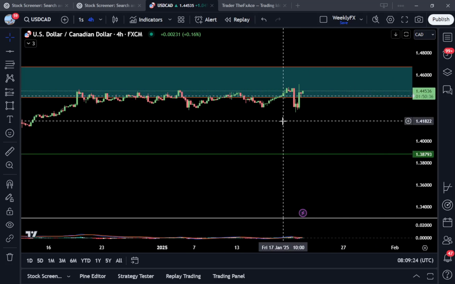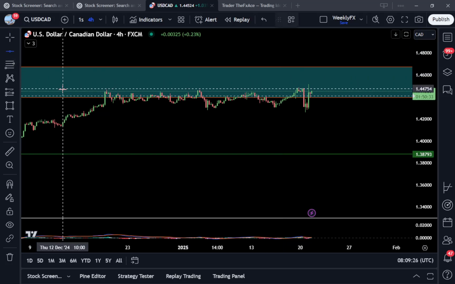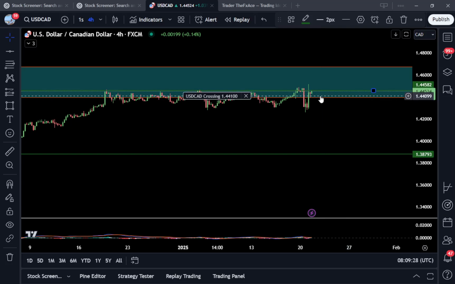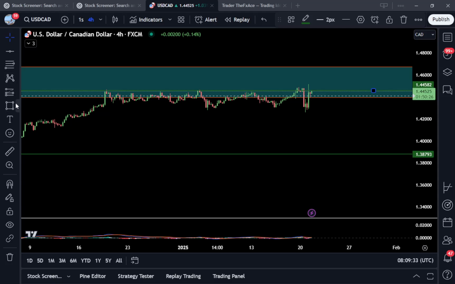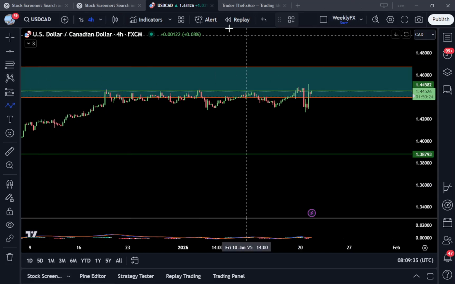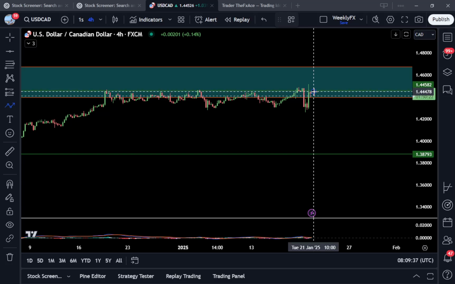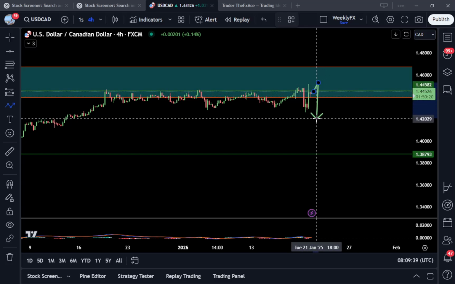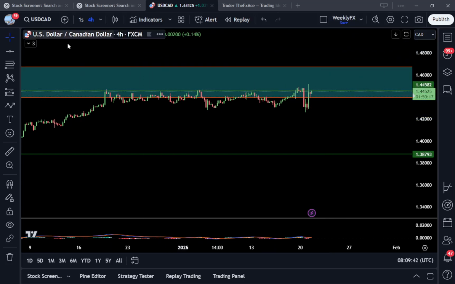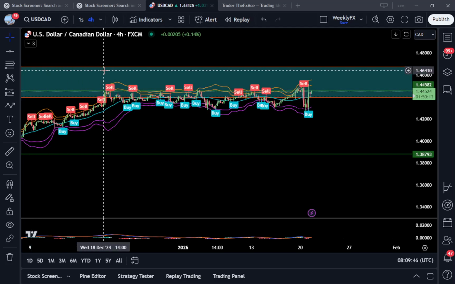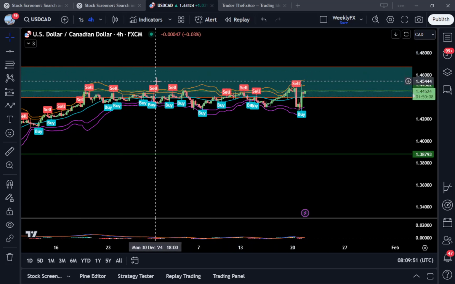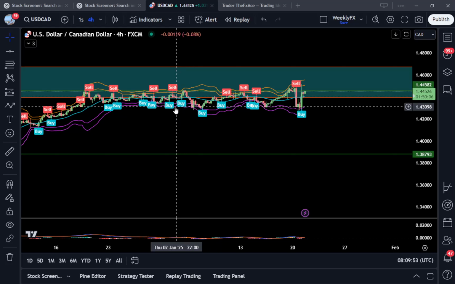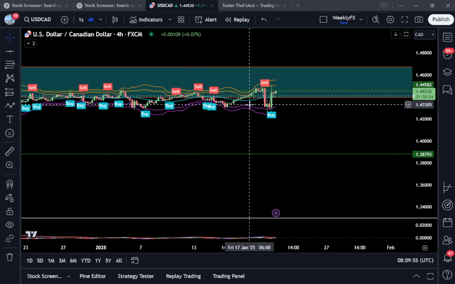So what I'm looking to do now is basically resell this. I'm waiting for maybe a move back up to today's high, and I'll be looking to fade any spike up higher. We do have the Canadian CPI, so any spike up I'll be looking to fade. I'll be looking for sell signals on my TRFX King indicator for the 1 hour to the 4-hour chart. You're getting a lot of sell signals on the 4-hour, and at the bottom of the range a lot of buy signals.